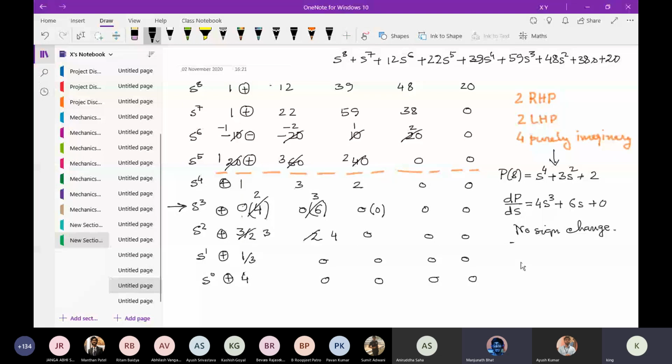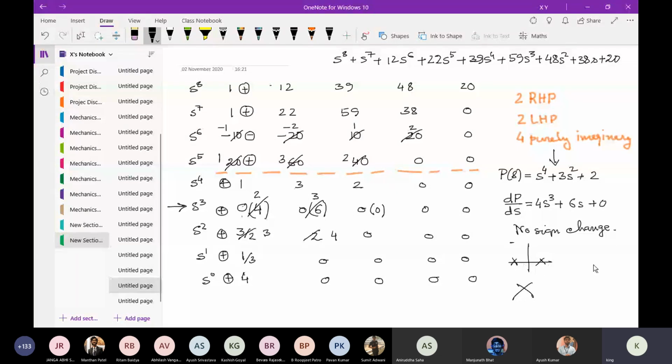Sir, here like I and minus I are roots of both P of S and the original polynomial. So in this possibility, no. This kind of pair cannot be there, because then you would have seen a sign change.